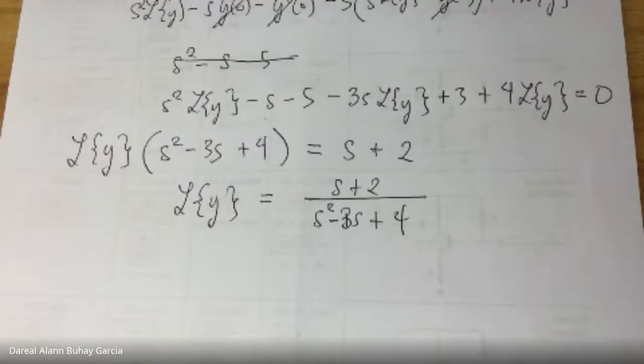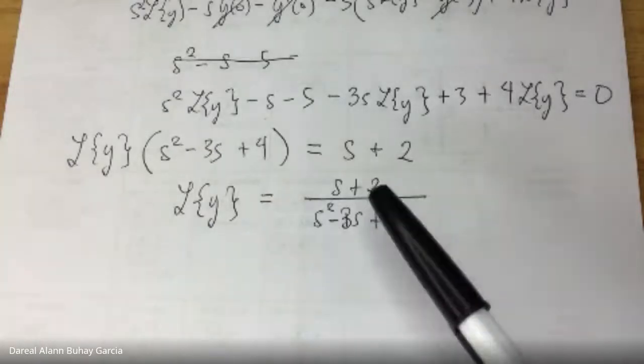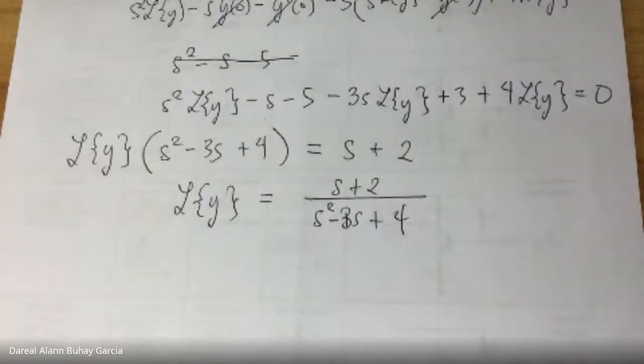Kaya honestly, I think na duha ka possible answers nga pwede makuha, kung wala naman ko katry nga gi-partial fraction. Pero nay nakatry partial fraction after ani. Kaya basi na alternative bitaw nga solution.